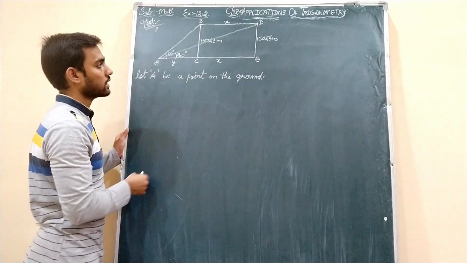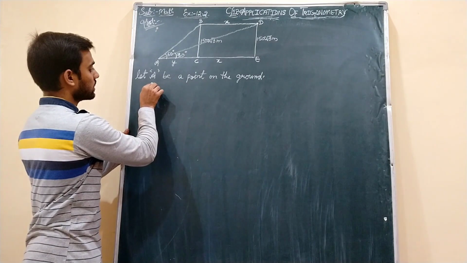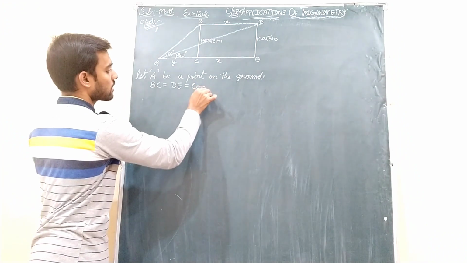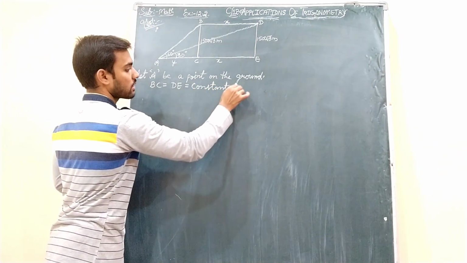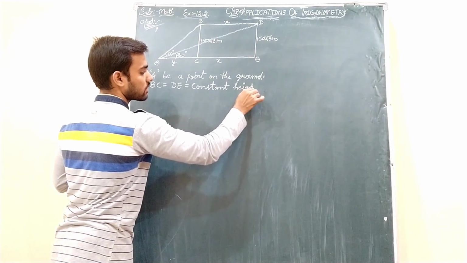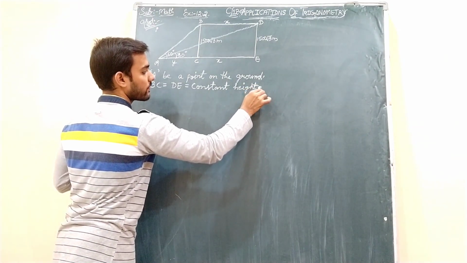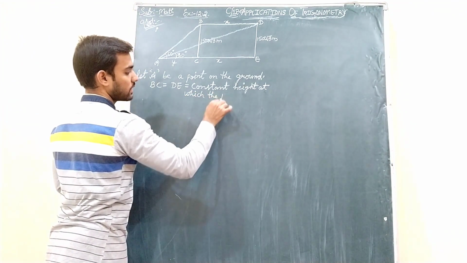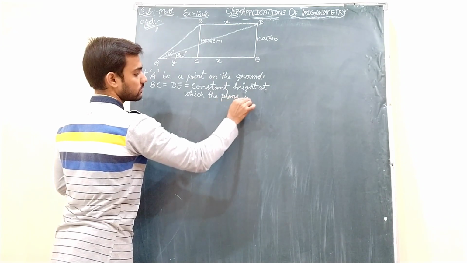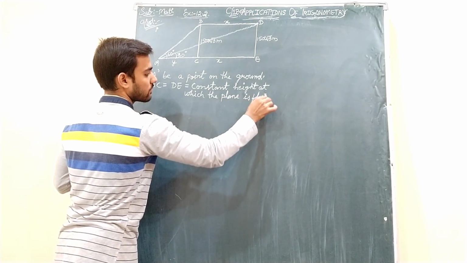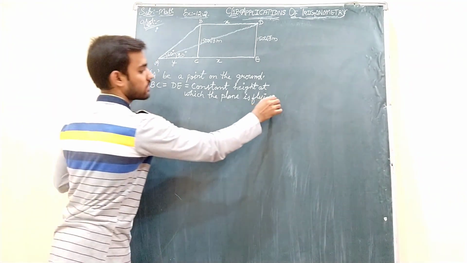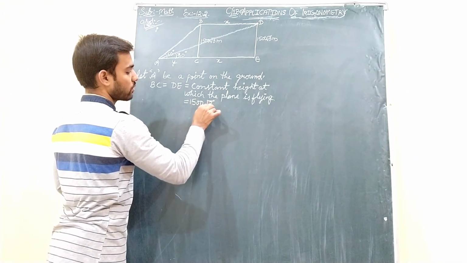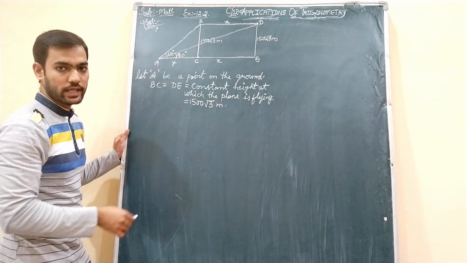Next, BC is equal to DE, the constant height at which the plane is flying, that is 1500 root 3 meters. Right students?